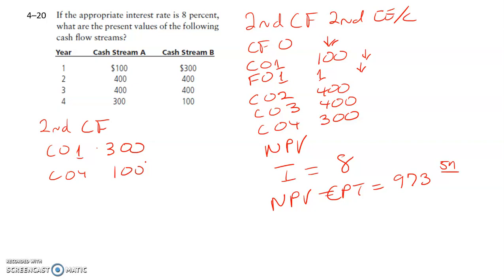So now we're going to hit NPV, and it's going to display I equal 8. We're going to go down arrow, and it's going to display NPV. It's going to display our old NPV, the 973.57, and we're going to hit compute.